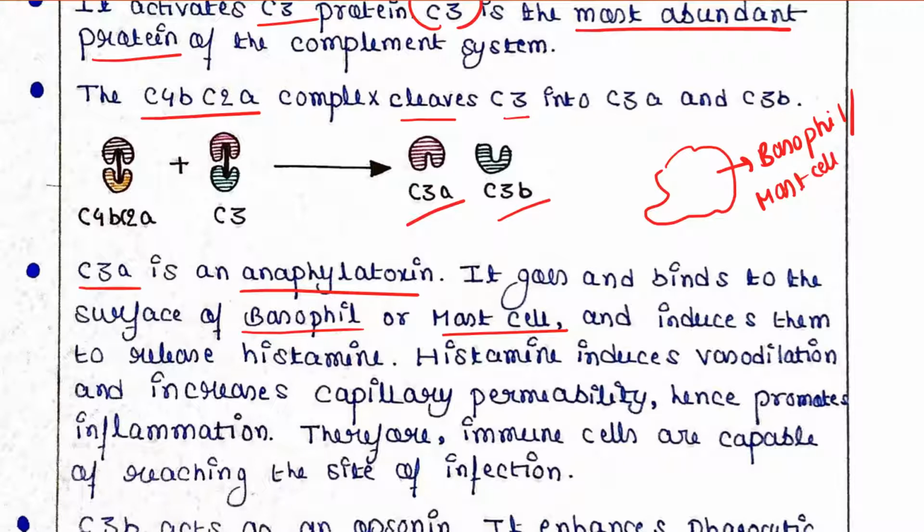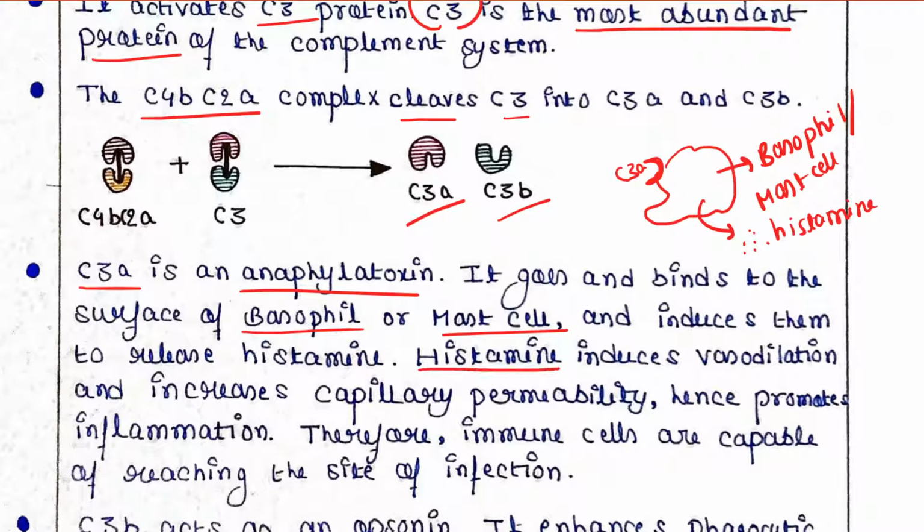Now C3a will bind this basophil or mast cell surface. And when the binding occurs, they will release histamine. So histamine is released from the basophil or mast cell after the binding of the cell and C3a.